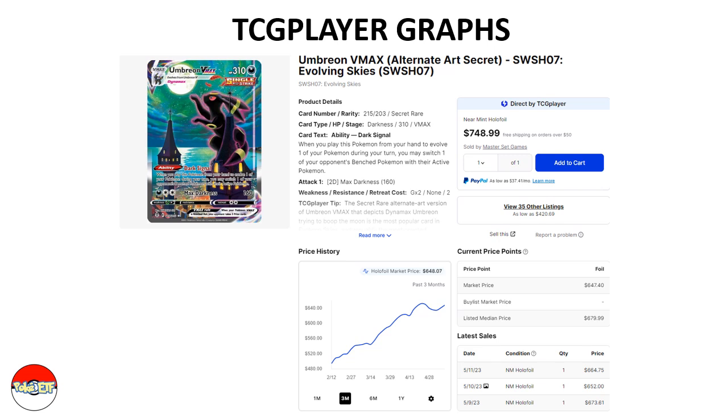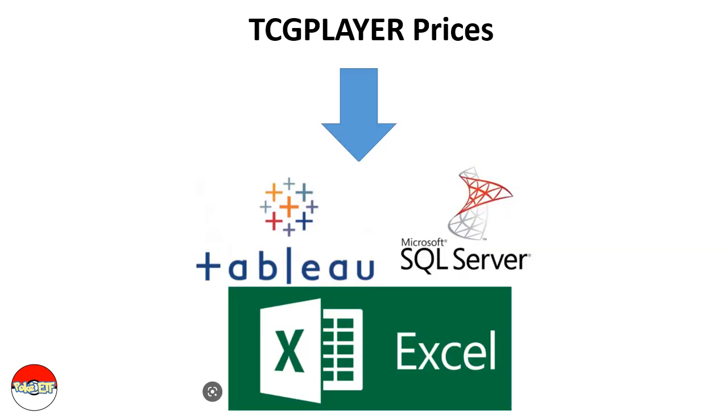But I want to go a little further than that, where I have extracted daily TCG Player market prices and uploaded them into a database in a data visualization application such as Tableau or Excel, and keep track of cards where I can pivot, filter, slice and dice different categories, subtypes, Pokemon, trainers, all sorts of things, and learn insights of my very own Pokemon card collection.